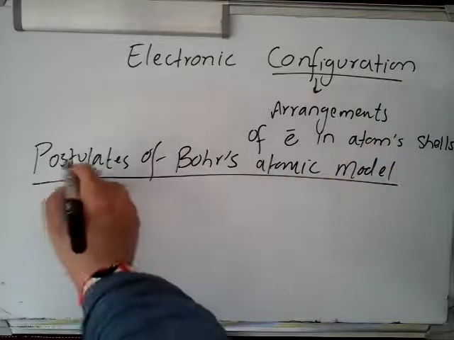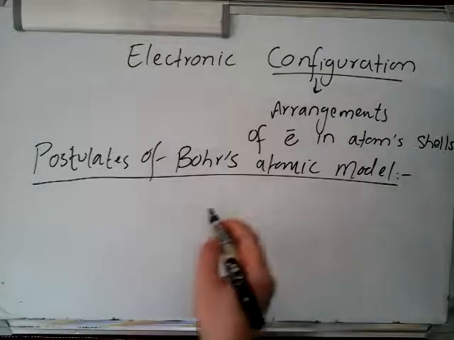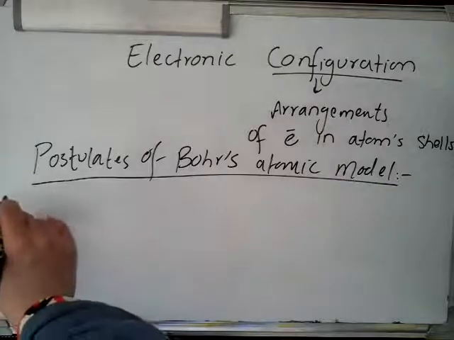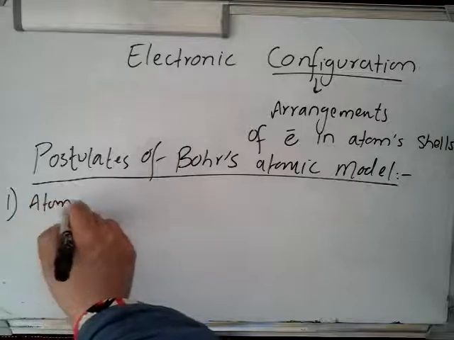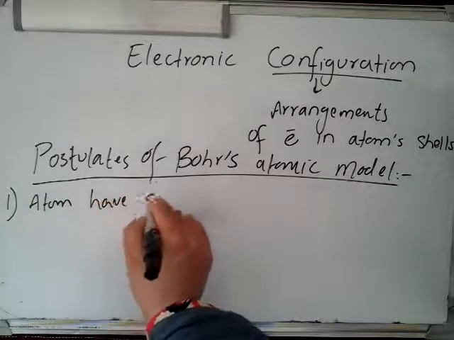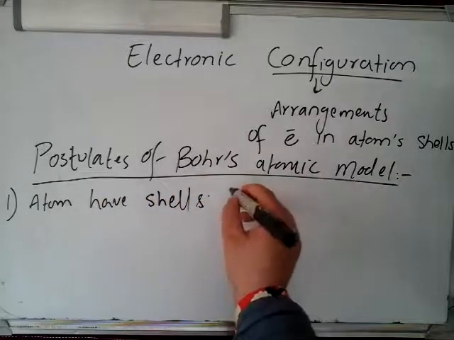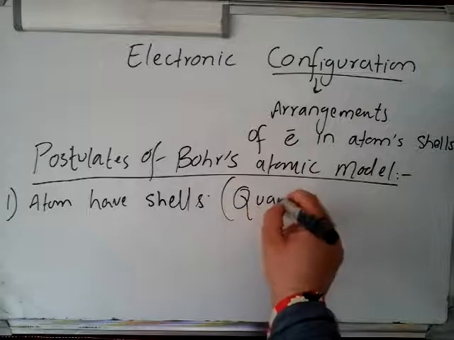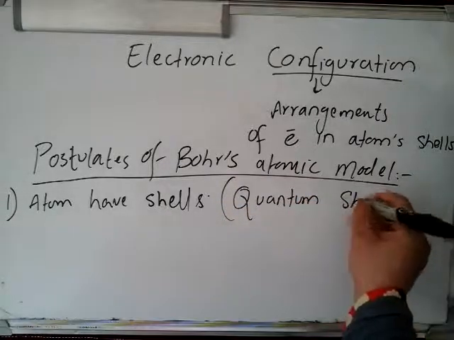Okay, so Bohr's atomic model, the principles or the postulates that he had given at that time, was that an atom consists of shells. Sometimes it's also called quantum shells. Another terminology used for shells is quantum shells.